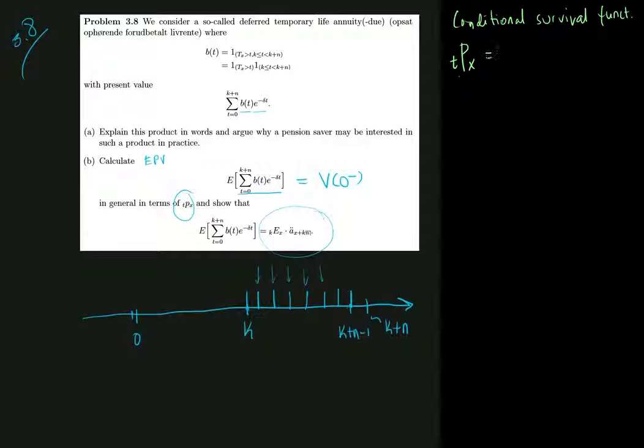And it is given as the probability that given a newborn survives past age x, then that newborn will survive past age t plus x. We can also write it as the probability that the remaining lifetime of an x-year-old exceeds t years.